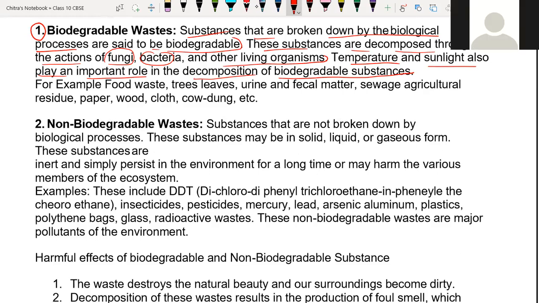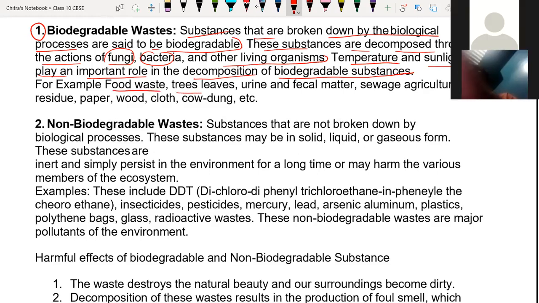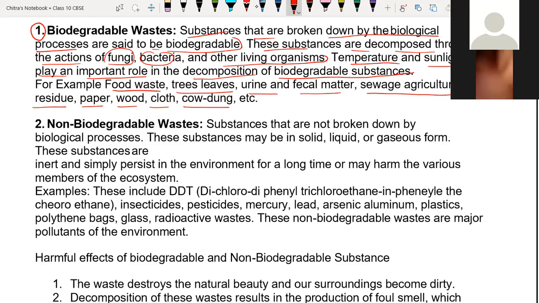For example, we have food waste, tree leaves, urine and fecal matter, sewage, agricultural residue, paper, wood, cloth, cow dung, etc. Whether they are of plant origin or animal origin, they can be decomposed easily with the help of microbes. That's why they are called biodegradable waste.